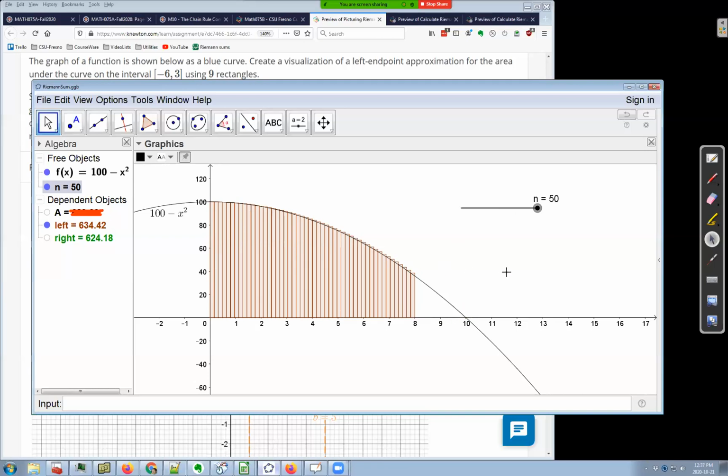And this is where the calculus comes in. Next week, we're going to take the limit as the number of rectangles goes to infinity. Because if more rectangles means better estimate, then infinitely many rectangles should mean perfect estimate. And that was Riemann's big idea.